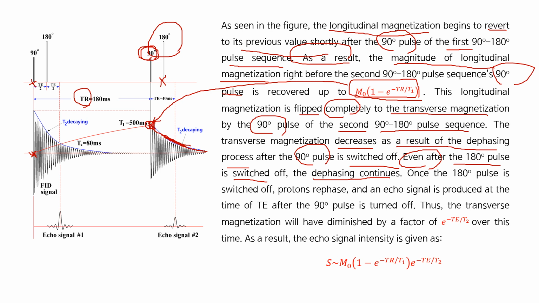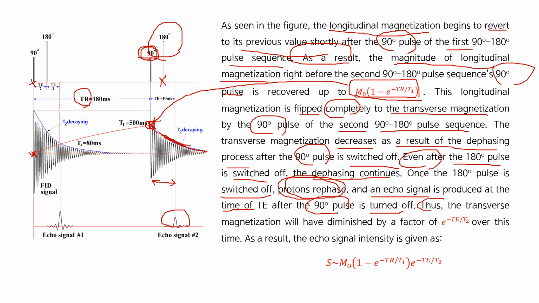Once the 180-degree pulse is switched off, protons rephase, and an echo signal is produced at time T after the 90-degree pulse is turned off. So the echo time is T.